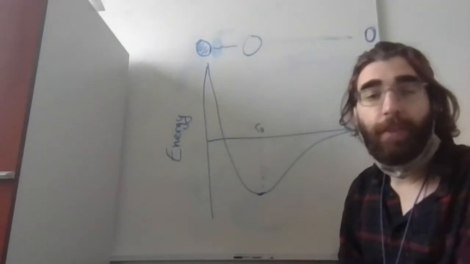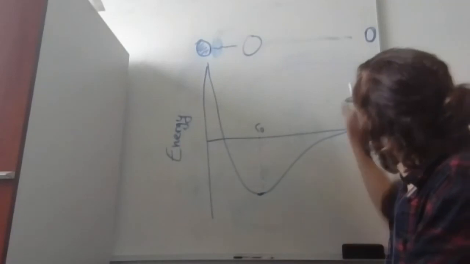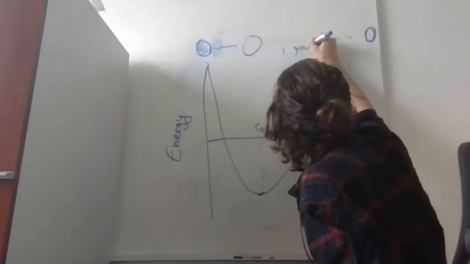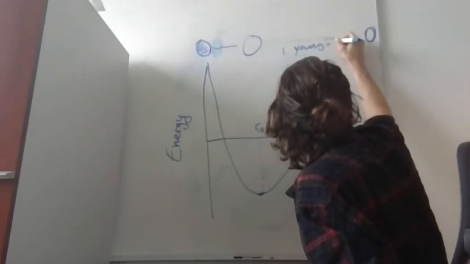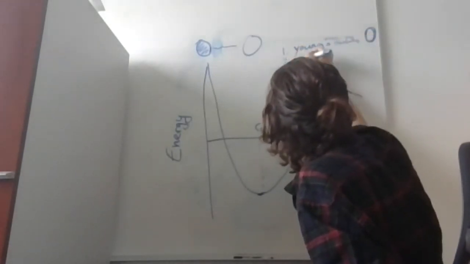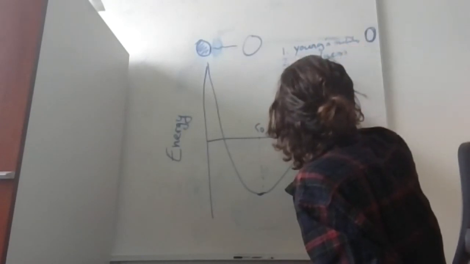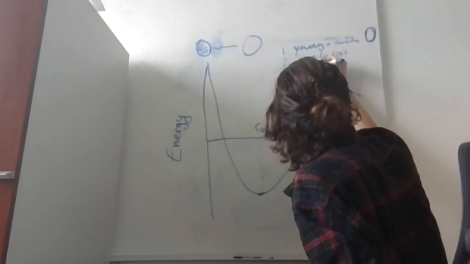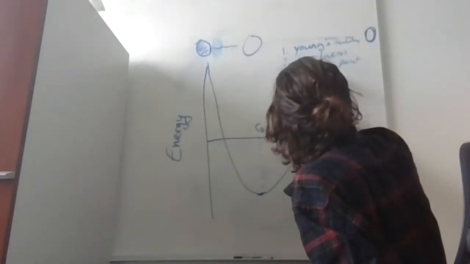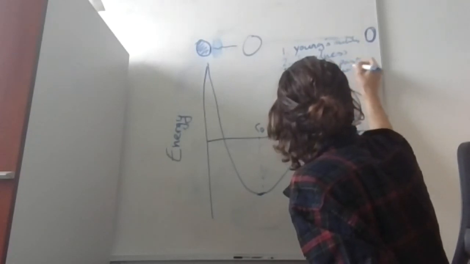So this is a graph we're going to be manipulating, and the things we have to show are Young's modulus, hardness, melting point, and self-diffusivity.